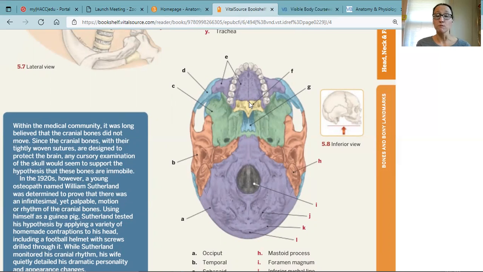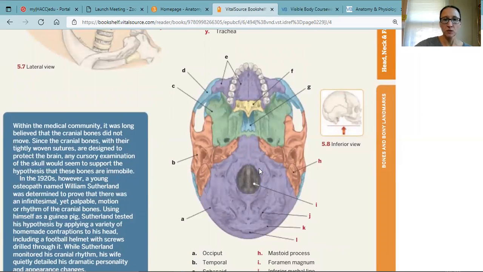It can be very minor, or it can be quite severe. If it's severe, then of course you are going to need surgery because you won't be able to eat properly. When you swallow, things will go up into your nasal cavity instead of back down into your throat. So the palatine bone is this little one right here, okay?